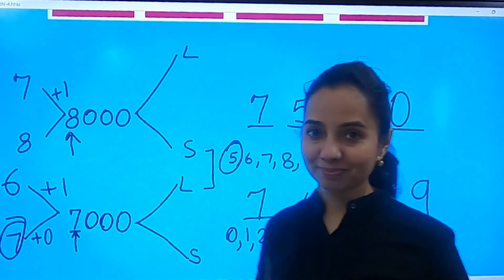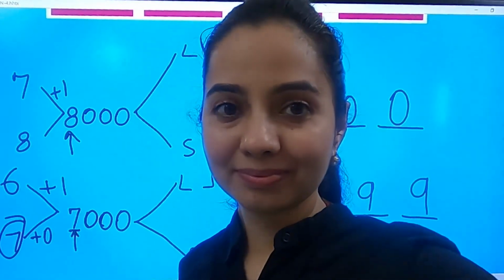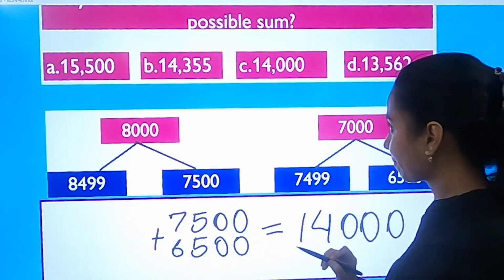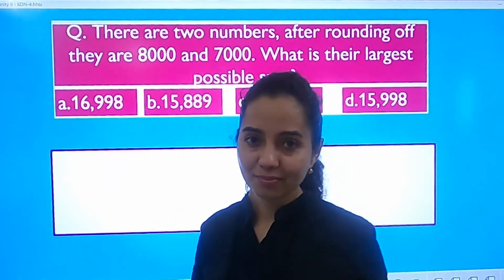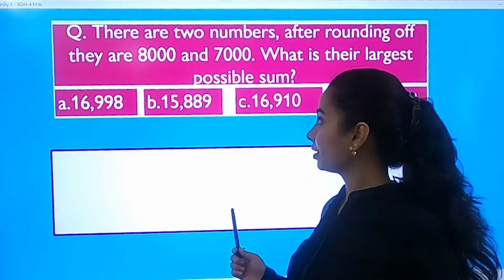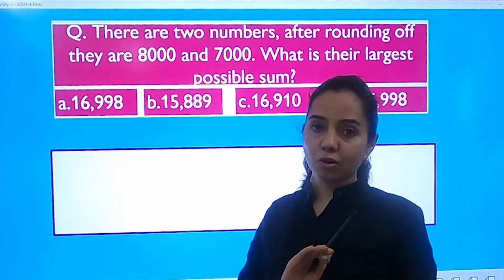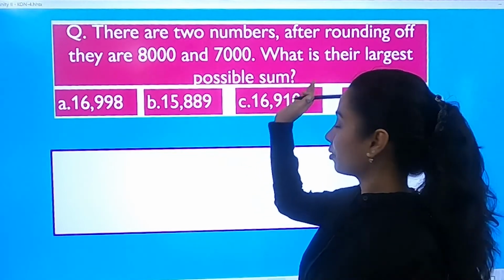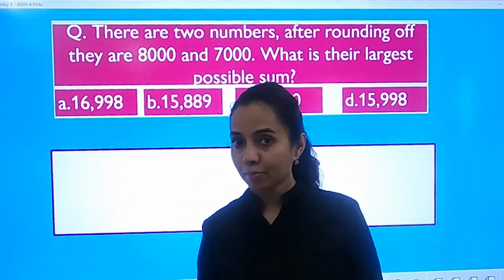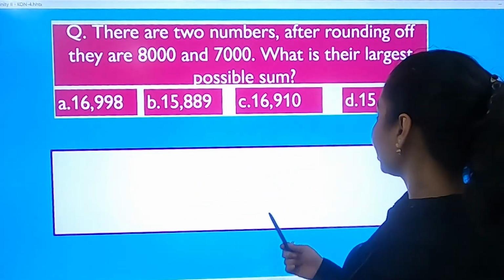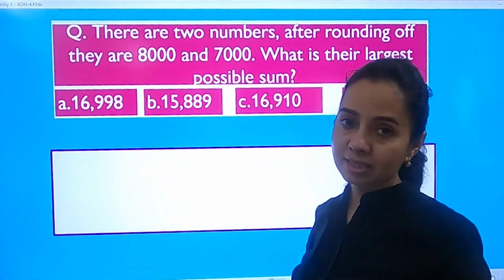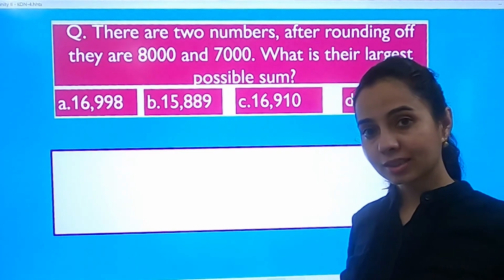Let me clear the board. The smallest possible difference or the largest possible difference. In this question over here, almost the question is same. The numbers are same, it's rounded off also to the thousands place. But the only difference is this time they are asking what is their largest possible sum, right?